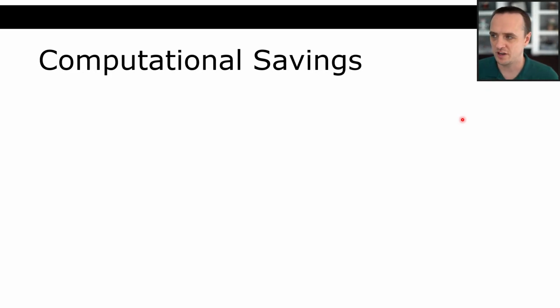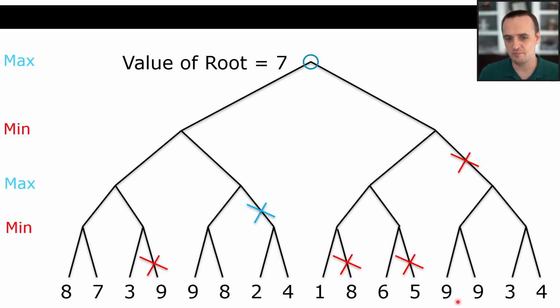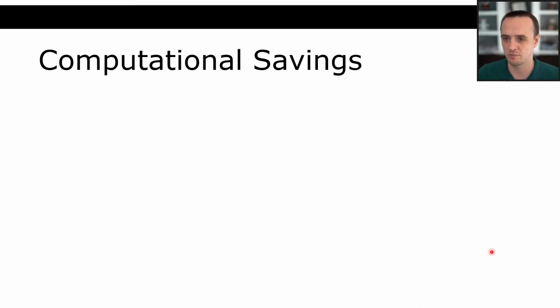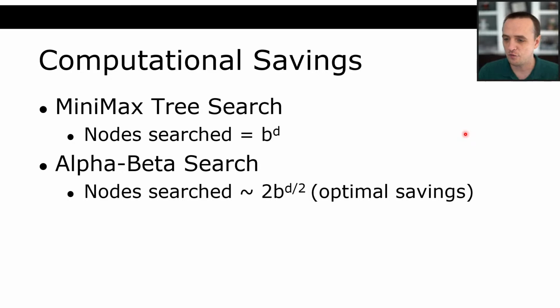So what are the computational savings of this? Well, you can see how much it's saving, and it's a lot, right? You can picture this tree being like millions and millions of nodes or something and just not having to do that. It's incredible. So in a MiniMax search tree, the number of nodes searched is b to the power of d. And in AlphaBeta search, the number of nodes searched is approximately 2 times the square root of that.